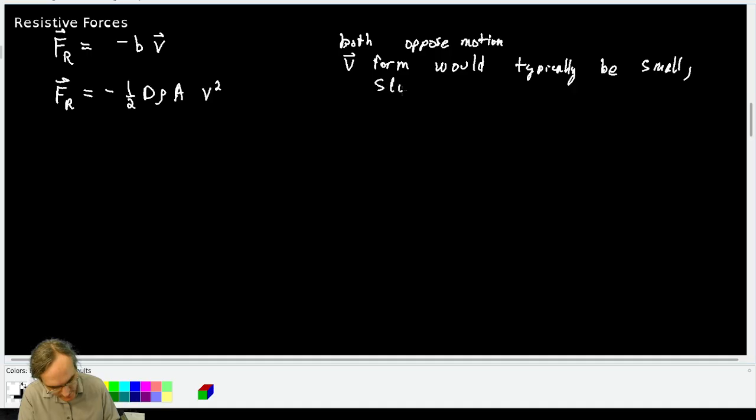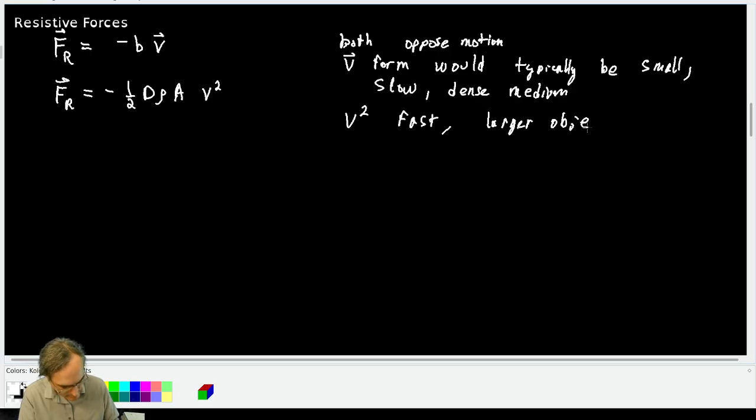So small, slow, and dense medium. And the v squared form would tend to be faster motion, larger objects, and less dense medium.